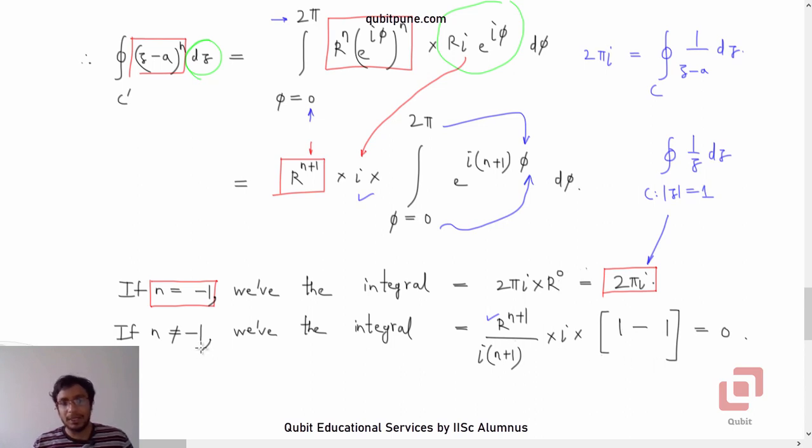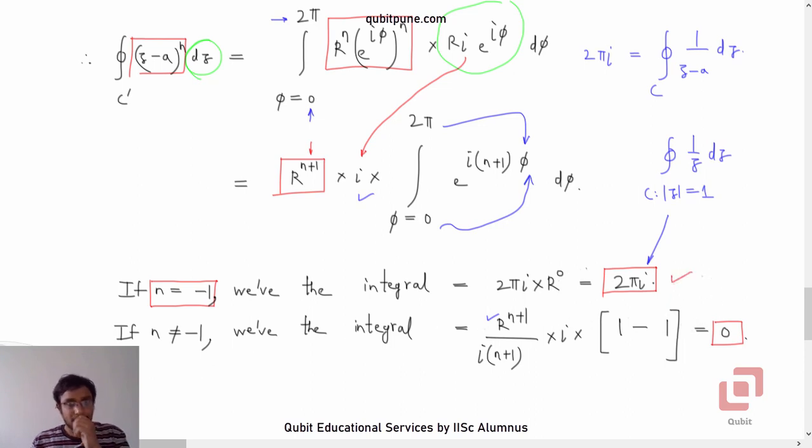So if n is not equal to -1, the integral's value becomes 0, and only if n is -1 is the integral's value not equal to 0, but equal to 2 times pi times i.